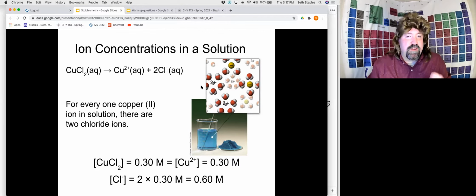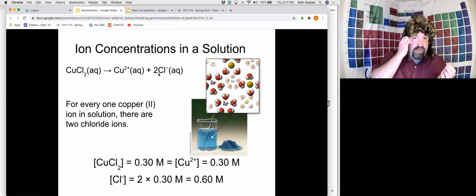For instance, copper(II) chloride, when it dissociates, gives us our Cu2+ ion, but we also have 2 chloride ions. So for every 1 copper(II) chloride, I get 1 copper ion, but I'm also going to get 2 chloride ions.